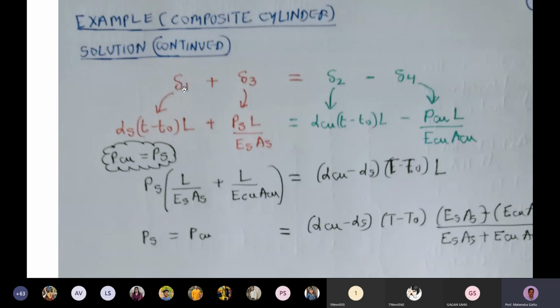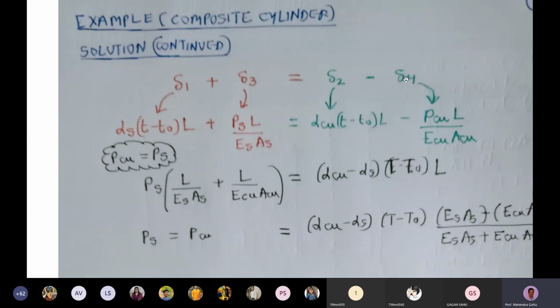Delta 1 is the temperature displacement, so it is alpha S (T minus T naught) L, and delta 3 is the expansion due to the axial force PS, given by the force displacement relation PS L by ES AS. Delta 2 is for the copper bar, obtained from the temperature displacement relation alpha C delta T L, and delta 4 is from the force displacement.